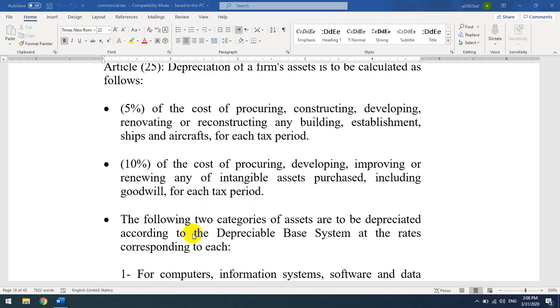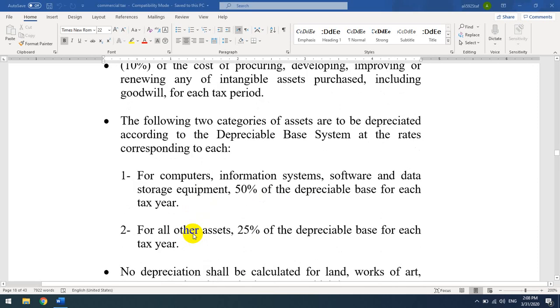The third group is depreciated using what we call the depreciation base system. This method means that we will use a depreciation rate, but this rate will apply to what we call the depreciation base.